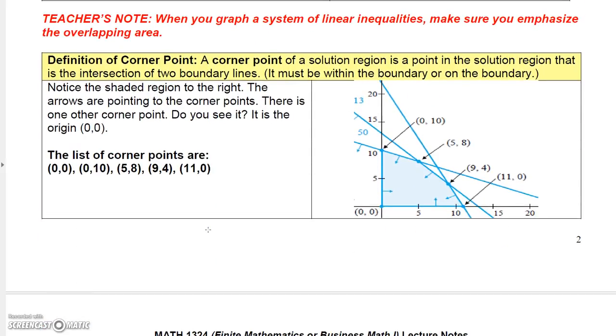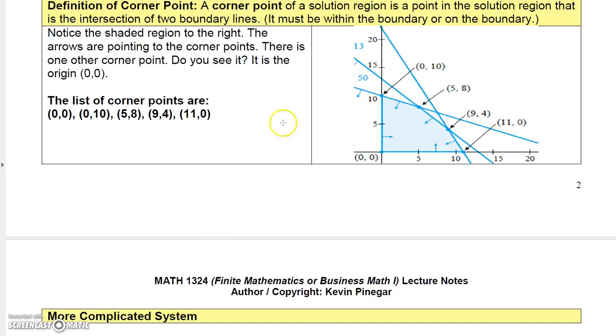Okay, now corner points are basically the vertices of the region. So right here you actually have 5 corner points.